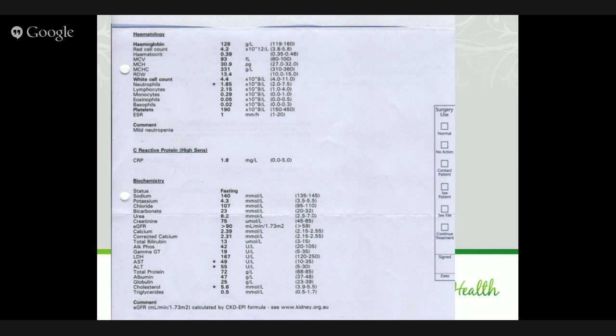The amount of little cars getting oxygen around for her is 4.2, which is slightly lower than we talked about with the last guy. So she might be having a bit more of a hard time getting oxygen around, which would make her tired. And then if we go further down, we're looking at her white cell count, and her white cells are slightly lower in the neutrophils.